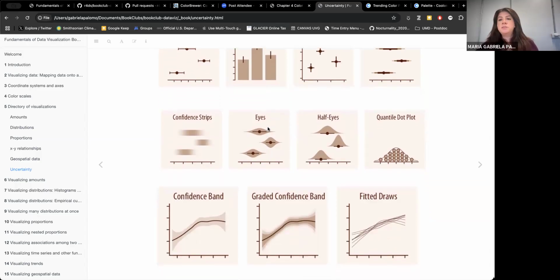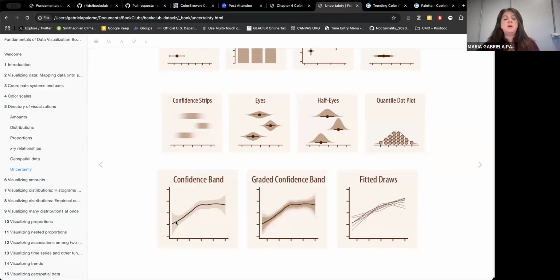There are also other ones like quantile dot plots, half eyes, which is the same thing as a violin, but it has the error in the middle, and then confidence strips, where the darker it gets, the closer it is to the center, and the way they vary, again standard deviation, standard error, all of those, is going to expand to the side.